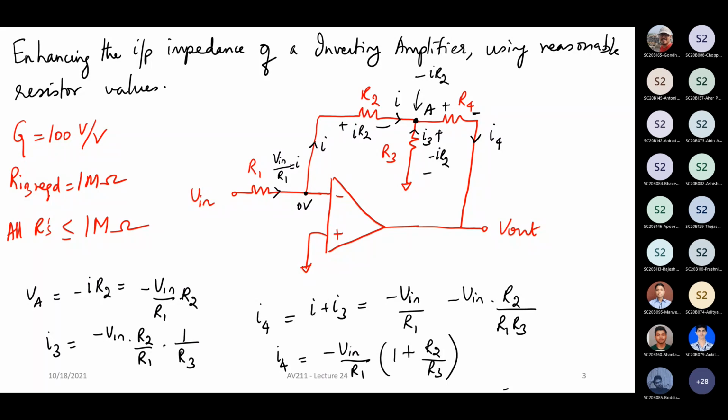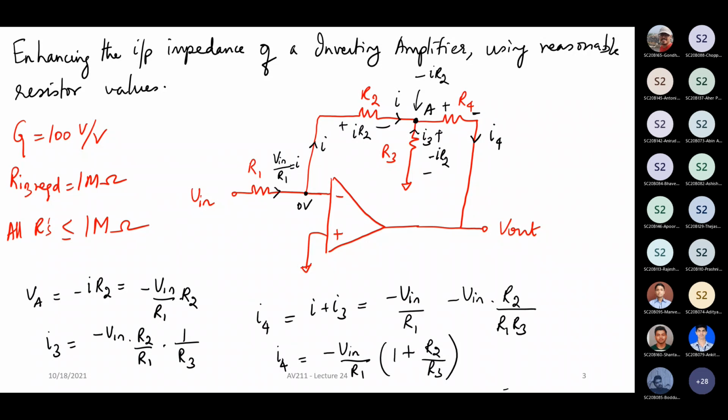Sir, the current we have taken in this direction, should it not be IR2, meaning the potential difference across R3? Sorry, can you come again? Sir, the current we have taken is going from ground to A, so the polarity should be positive, meaning instead of minus, the potential should be IR2.